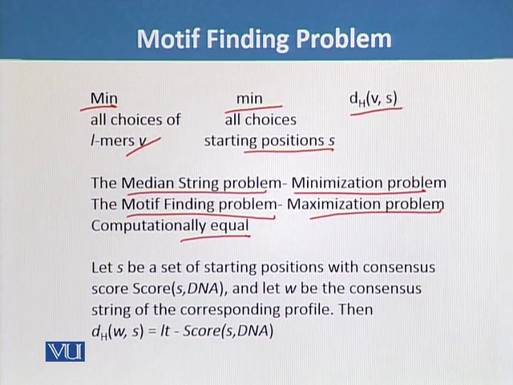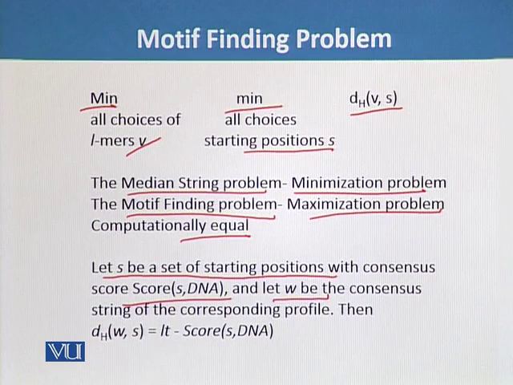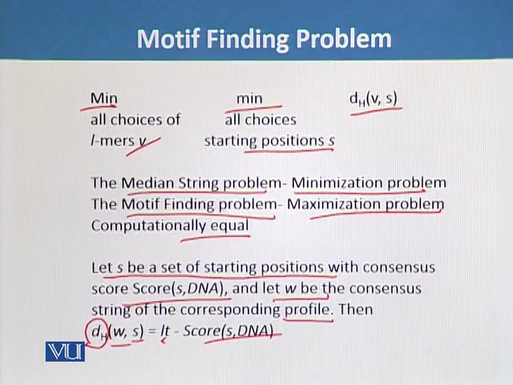For example, we assume that S is the set of starting positions with consensus score of s, DNA, and let W be the length of the L-mer string of the corresponding profile. Then the Hamming distance W, S will be L times T minus the score s, DNA.